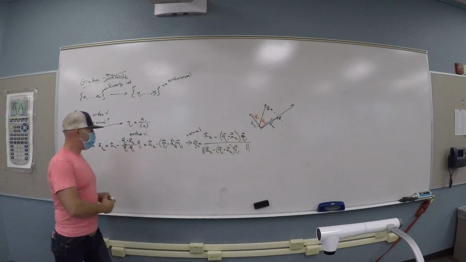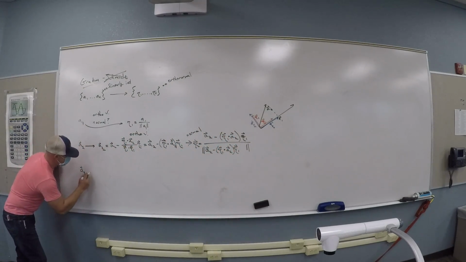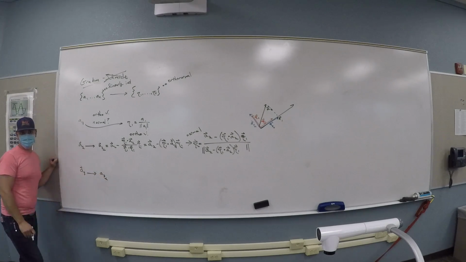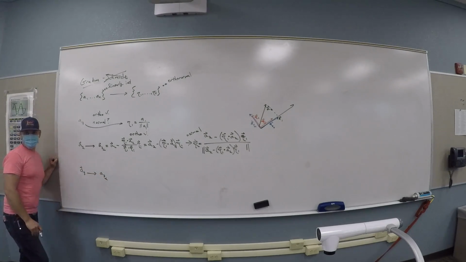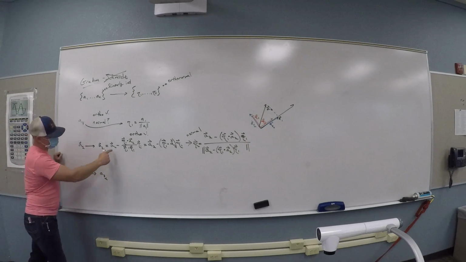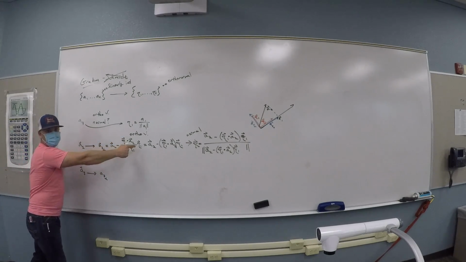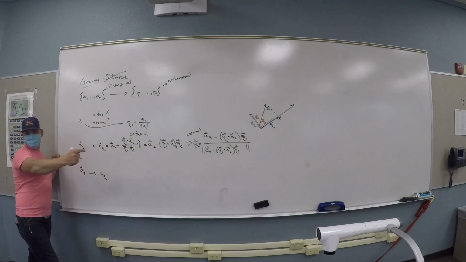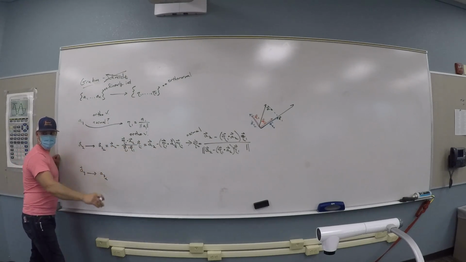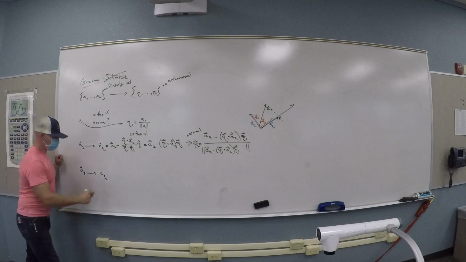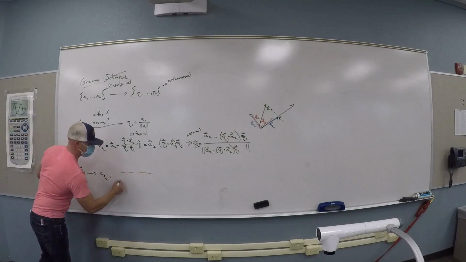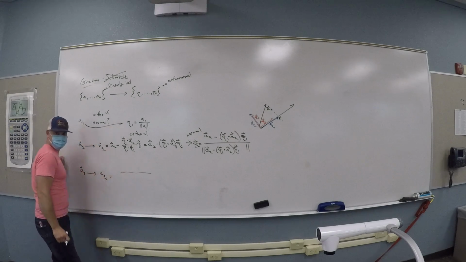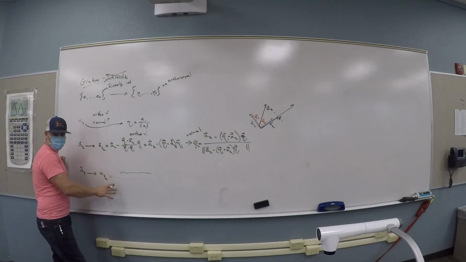So we're going to make A3 perpendicular, which is really A3 minus the projection onto Q1 minus the projection onto Q2. Then I'm going to have to divide by that whole mess, but don't divide yet. That's the ortho part.